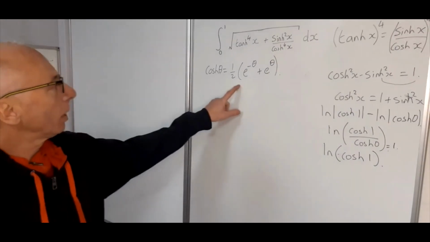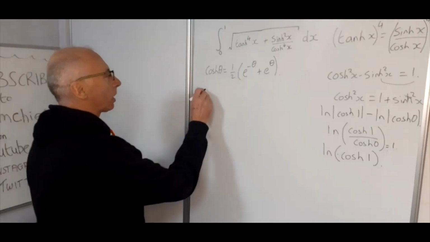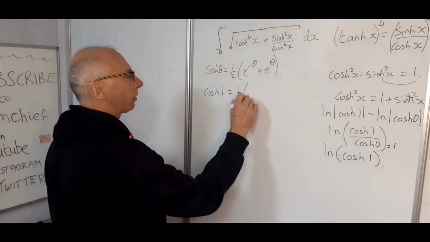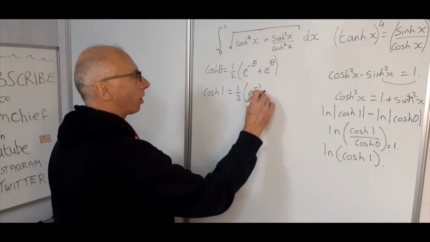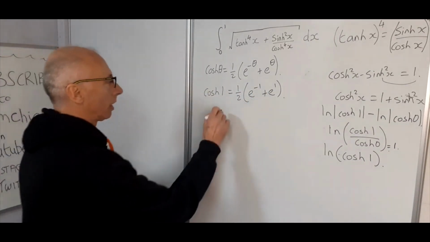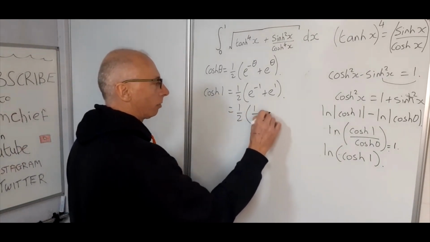Now for theta, we've got 1. So basically cosh of 1 equals 1/2 of e to the minus 1 plus e to the 1, which is 1/2 of 1 over e plus e.